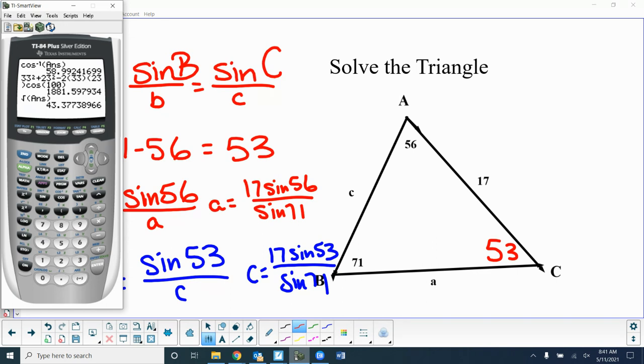Okay? So 17, sine 56, close it up. Whenever you get the sine button, it starts that left parenthesis, and you put your degree measure in, close it up, divided by sine 71, close it up. So 14.9 would have been the A value.